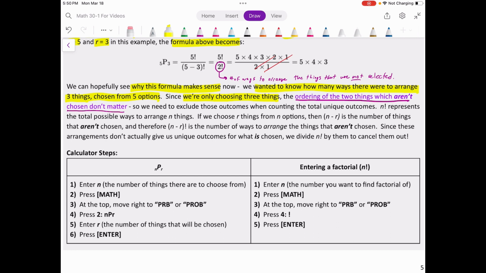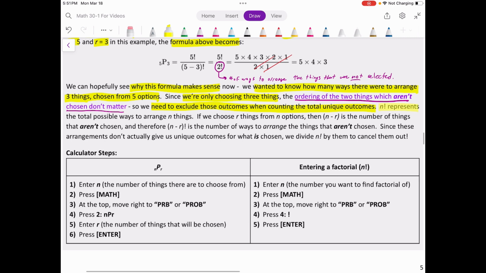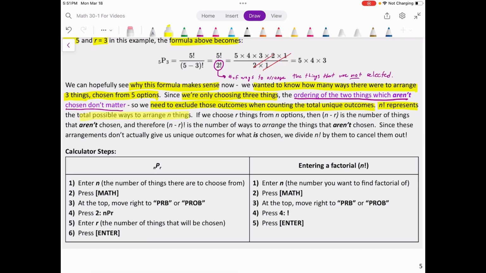So we need to exclude those outcomes when counting the total unique outcomes. n factorial represents the total possible ways to arrange n things. If we choose r things from n options, then n minus r is the number of things that aren't chosen, right?